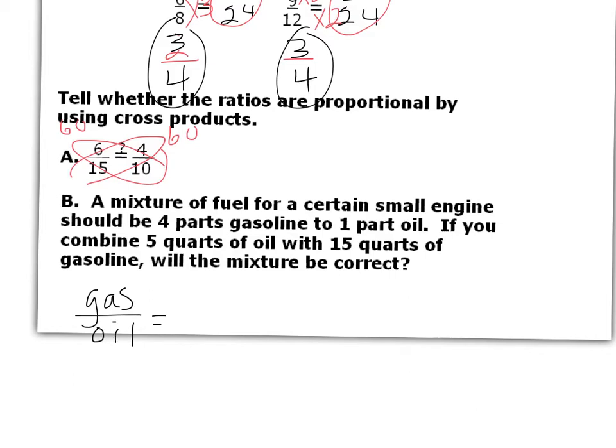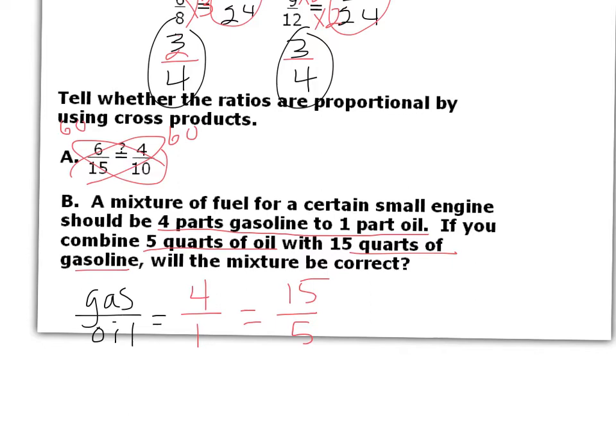The first one that they give us is 4 parts of gasoline to 1 part of oil. So I'm going to put 4 gas to 1 oil. If you combine 5 quarts of oil, so 5 needs to go across from the oil. See, everything with oil is in our denominator. Will 15 quarts of gasoline, will the mixture be correct? So I'm going to put 15 up here.